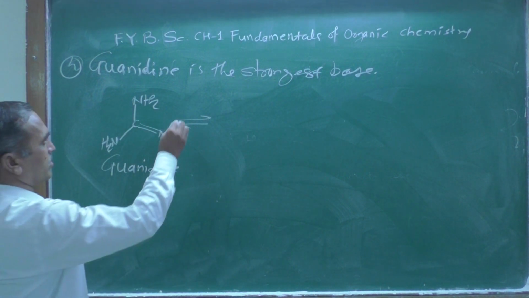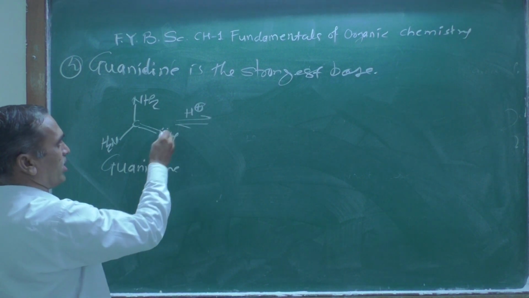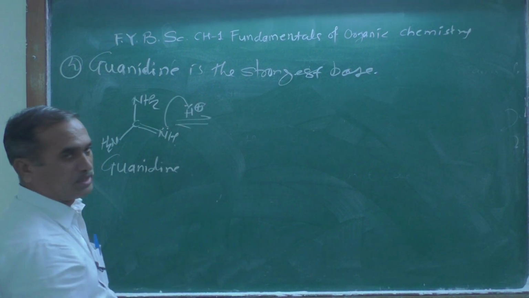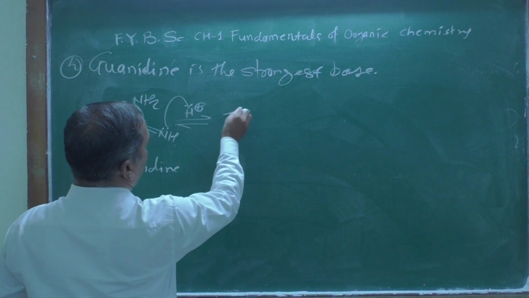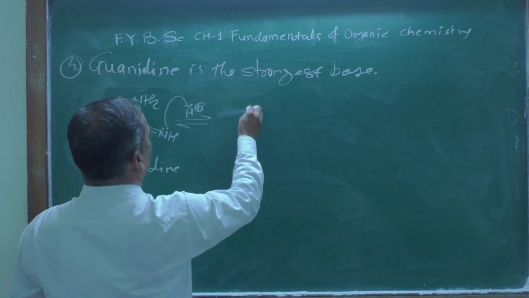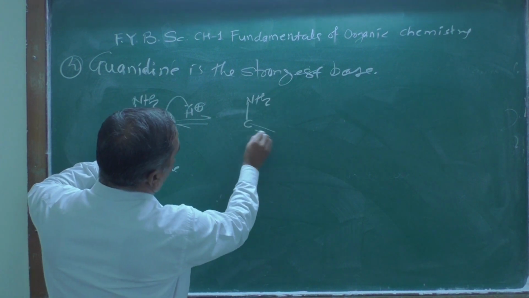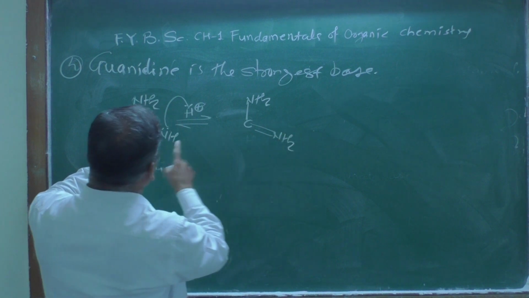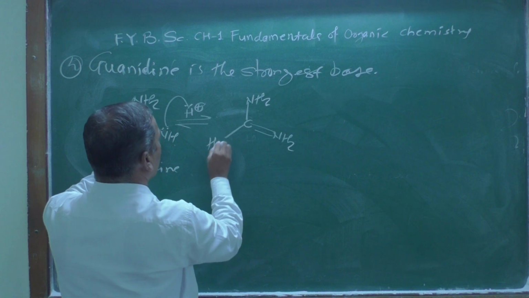When it picks up a proton using the lone pair present on a nitrogen atom, like this, you get this one: an NH2 group over there, then double bond NH2, one H from here and one is there. So look here, H2N.